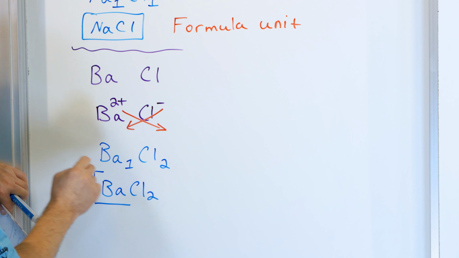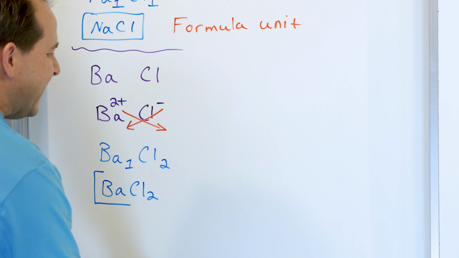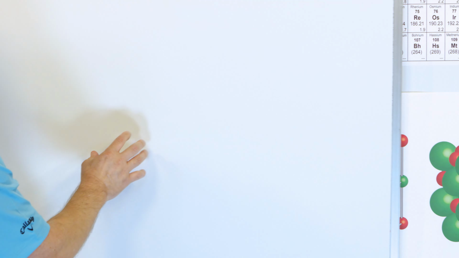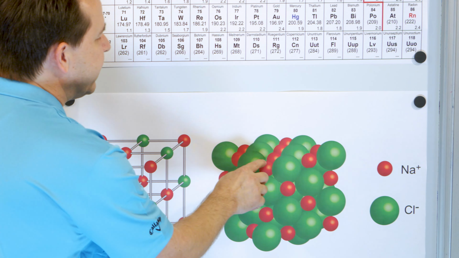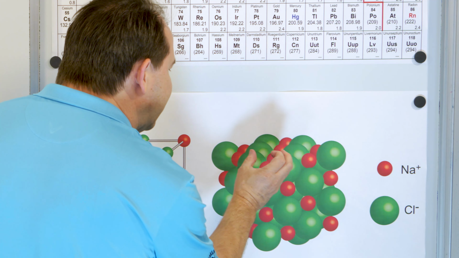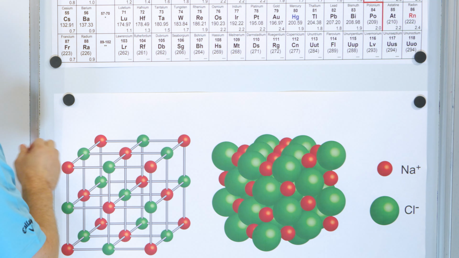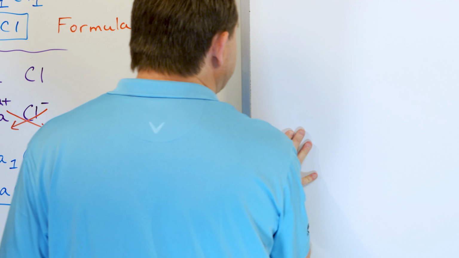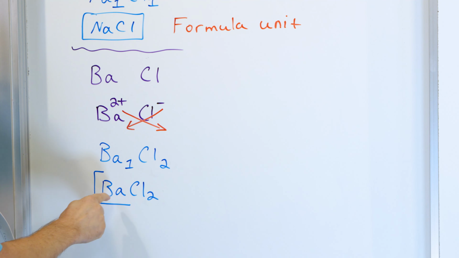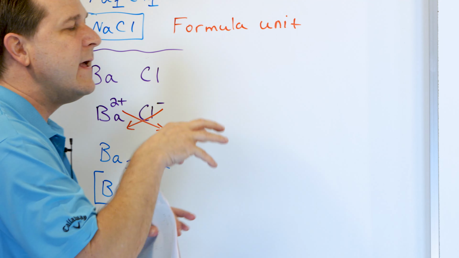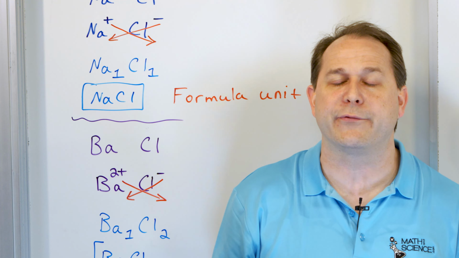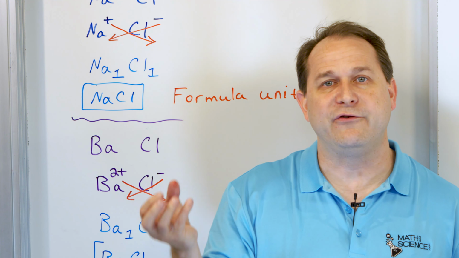This is a neutral formula unit, right? I don't have a picture of it, but sodium chloride was bonded in a fundamental ratio of 1:1, while in barium chloride, if you could zoom in on it and look at it, it would be a fundamental ratio of 1 barium to 2 chlorines. That would be the repeating pattern all throughout the lattice, 1 barium to 2 chlorines.